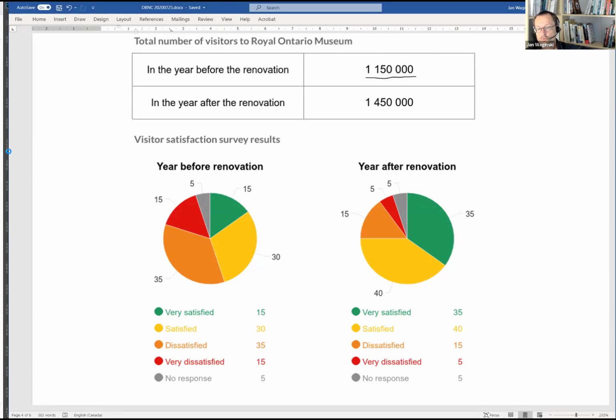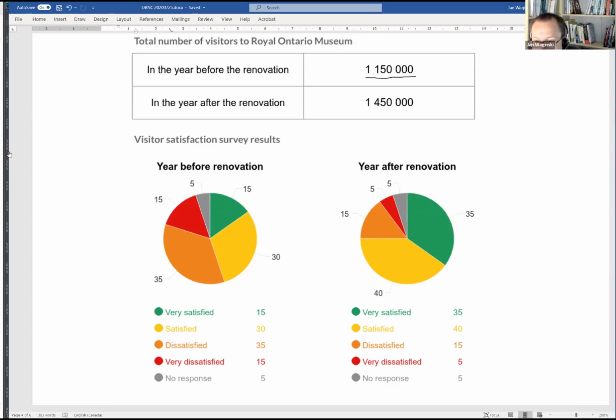If you just round both of those numbers up, what do they turn into? 300 almost would be the difference.